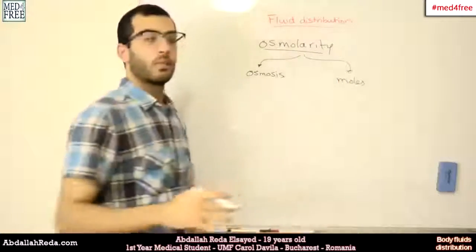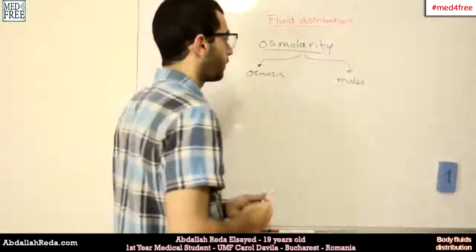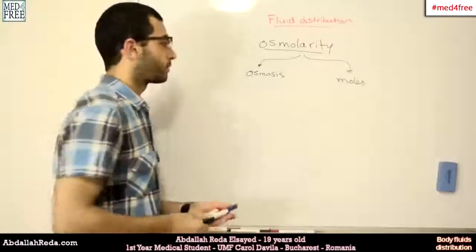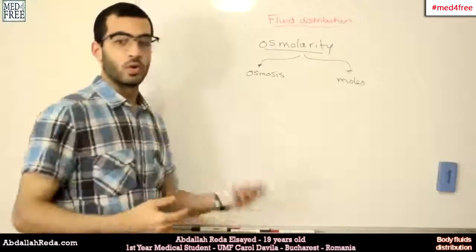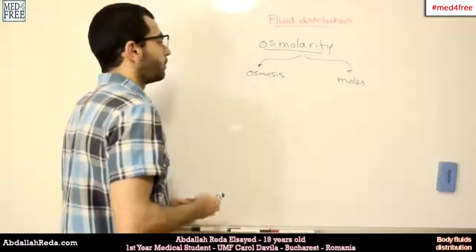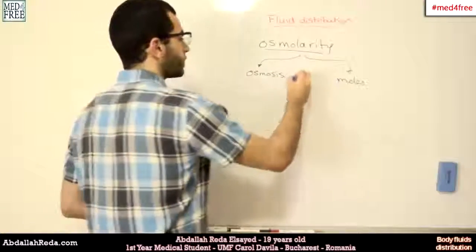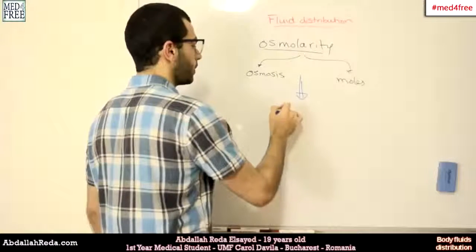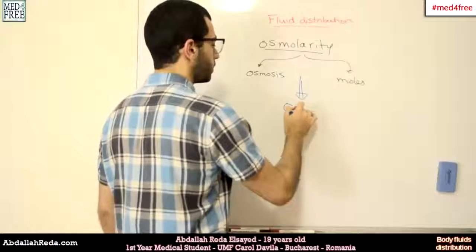So it's basically the number of moles of the foreign particles that should be found in a solution in order to allow osmosis to occur properly. So from this term we have something which is called an osmole.